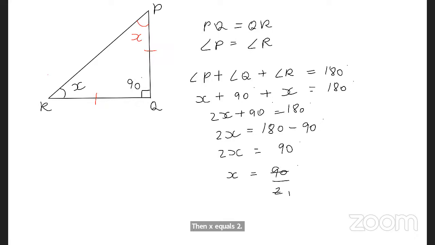Nine ones are nine, so x equals 45 degrees. So my angle R and angle P both will be 45 degrees, because angles opposite to equal sides are equal. Hope you got it.